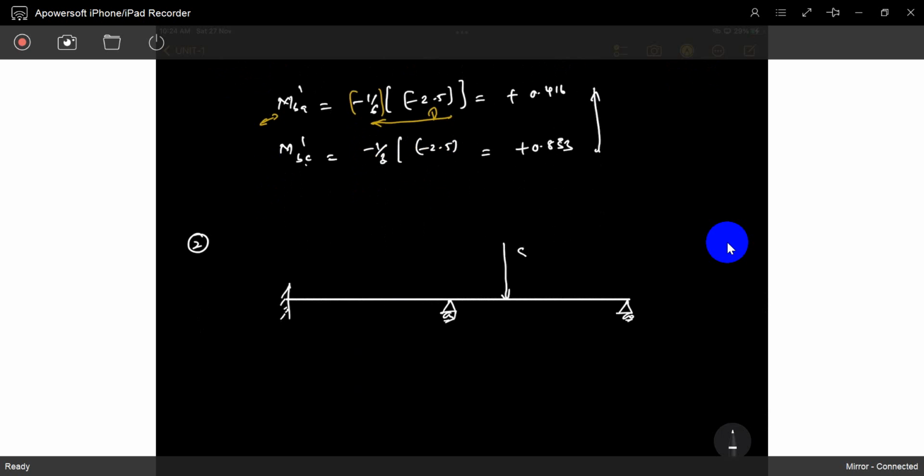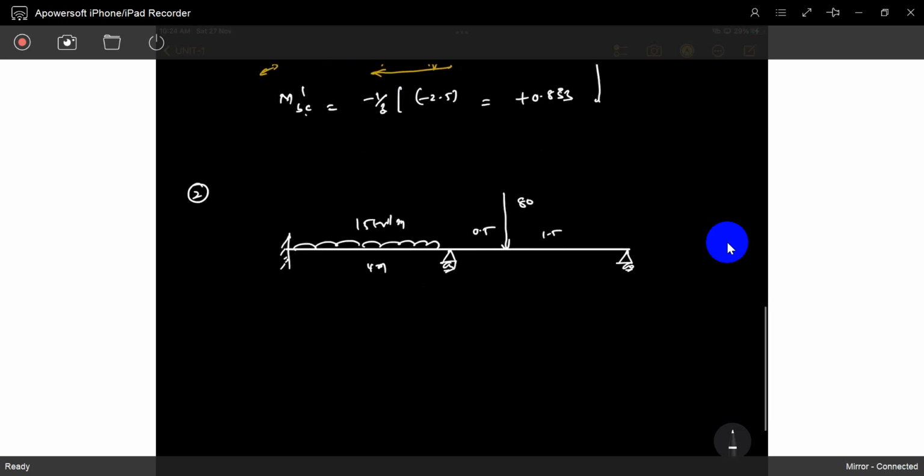If you take this as 80, same problem, 1.5, it's a 15. Same problem. No need of calculation of fixed end moments. I already said what the fixed end moments are. You already know this is minus 20, this is plus 20, this is minus 22.5, this is plus 7.5. These are the fixed end moments.